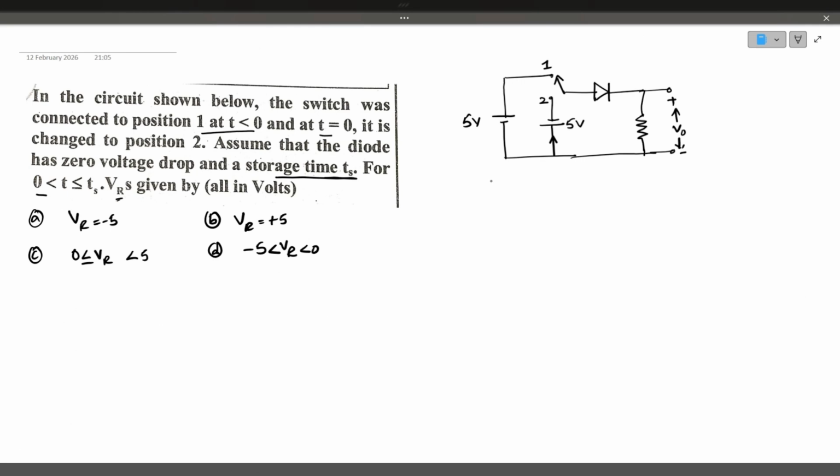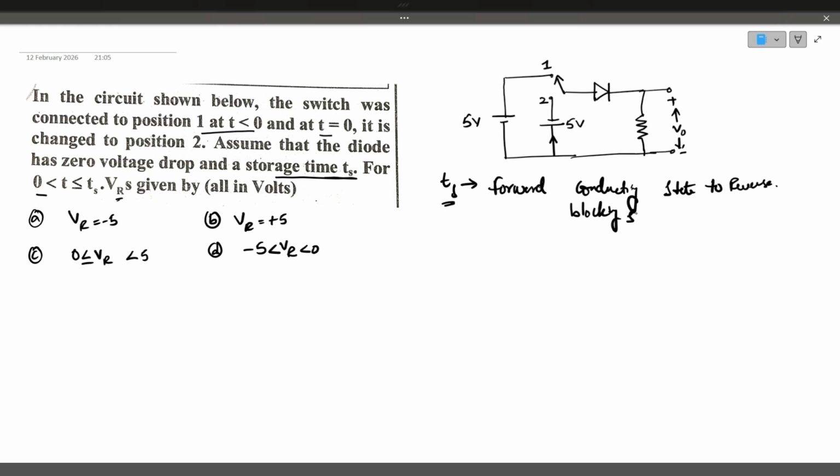We have already seen that Ts is the storage time, the time taken by the diode to switch from the forward conducting state to the reverse blocking state. When the voltage across the diode flips from positive to negative, it takes some time, Ts, for the diode to understand that it is reverse biased.